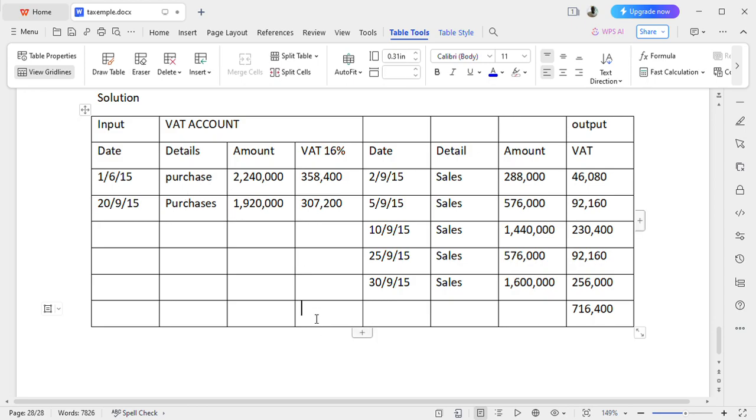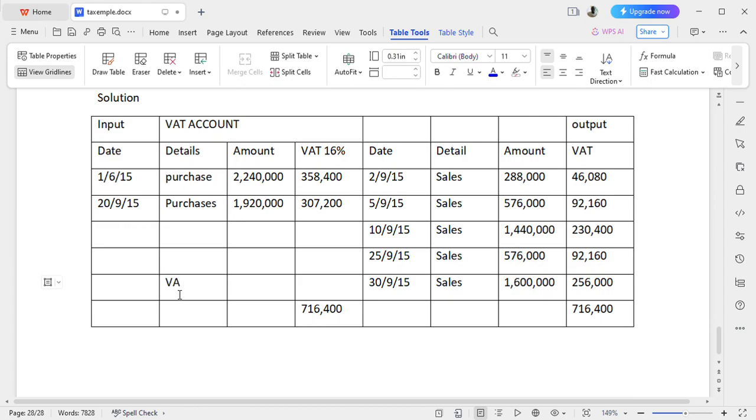Now the total input tax is 666,400. So obviously the output is more than the input. So let's see by how much it is more.